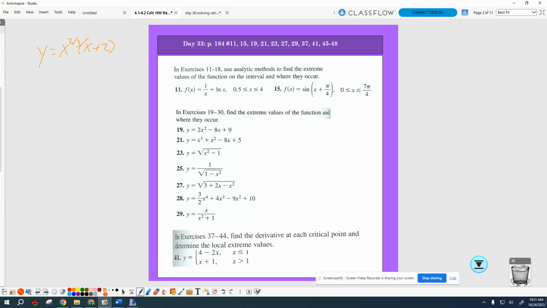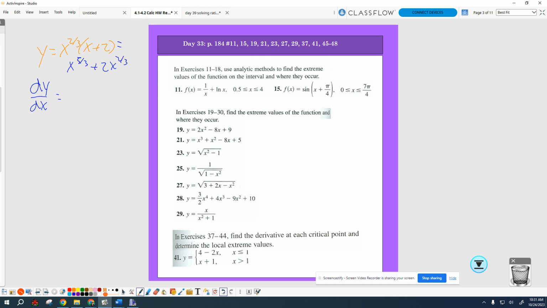Okay, so how do we find critical points, Cleo? Solve for x here. Okay, power rule. Actually, can I do that first?